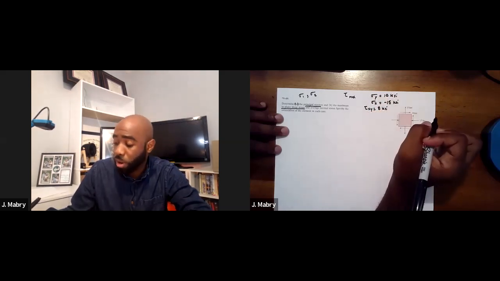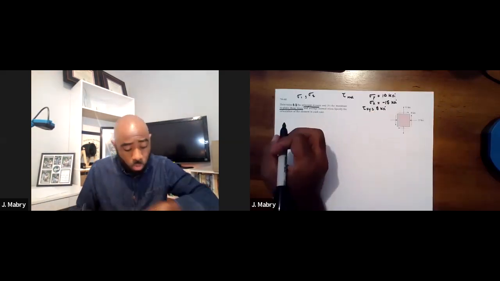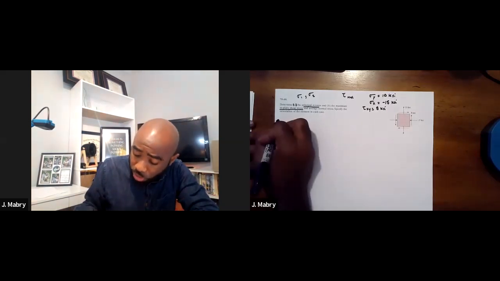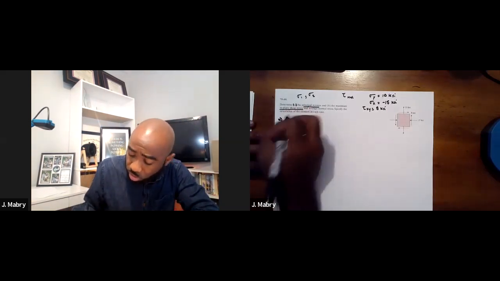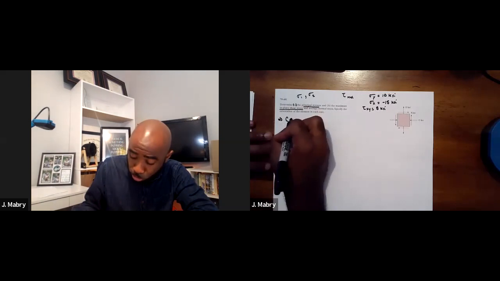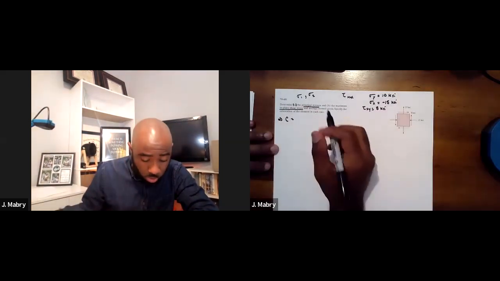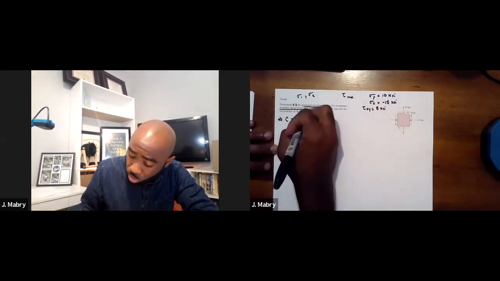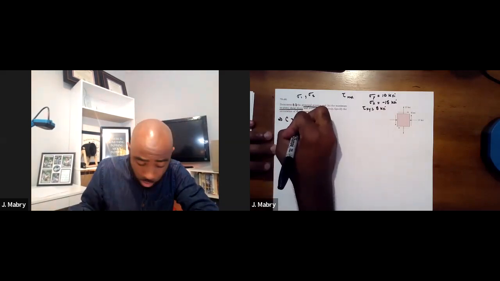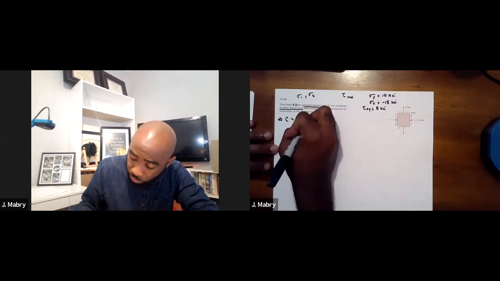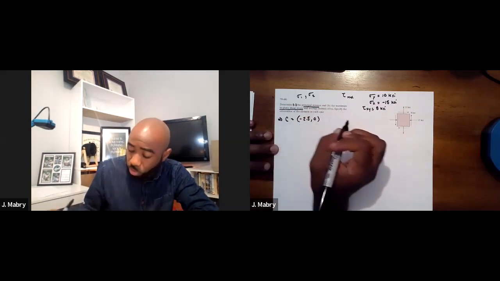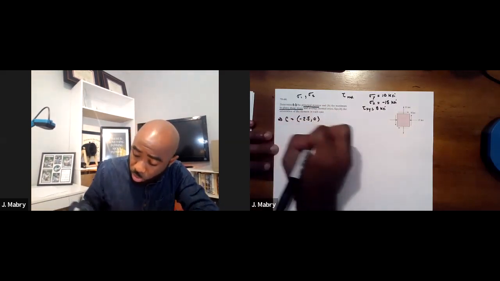So there we are. Let's go right off the bat and find our center point for our Mohr circle. It's going to be the average of these two. So that's negative 5 divided by 2, which is negative 2.5, 0. That's the center point.